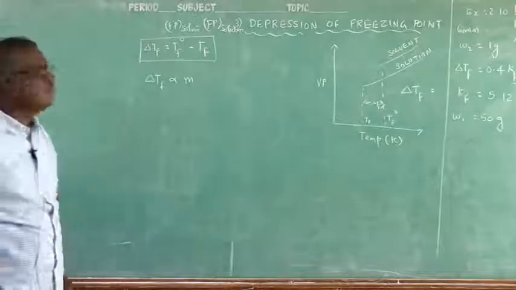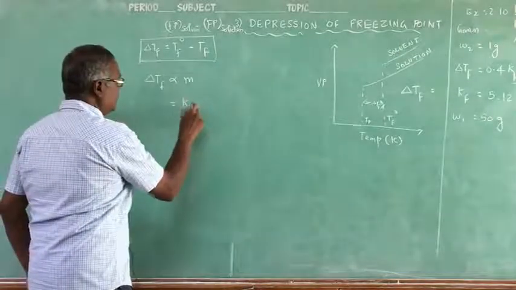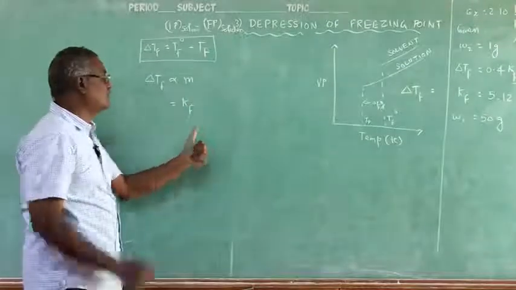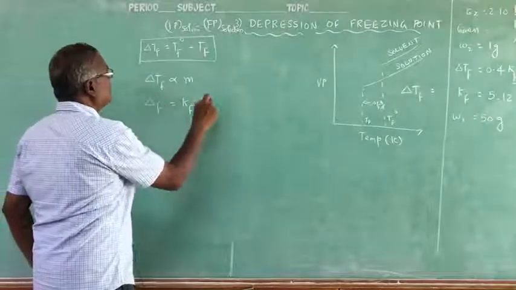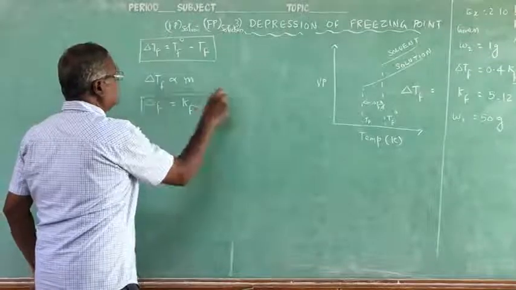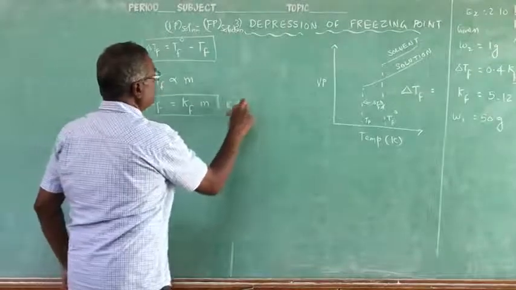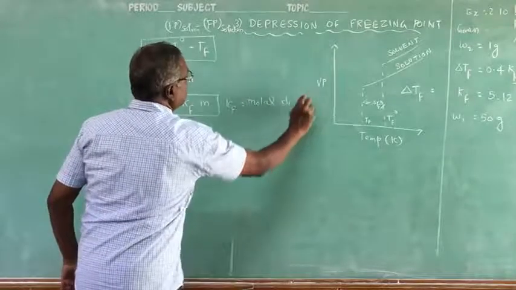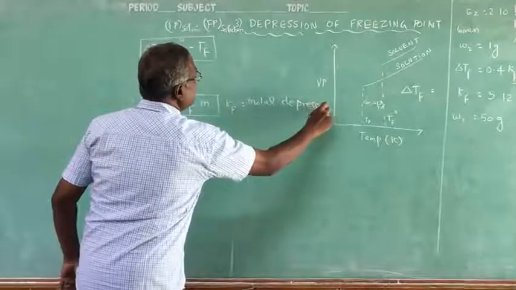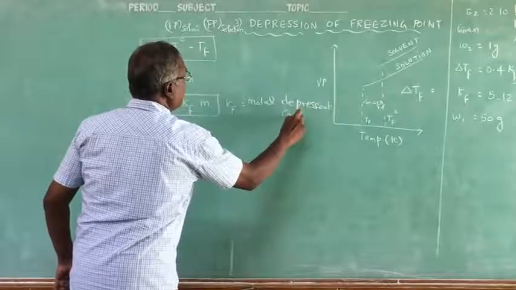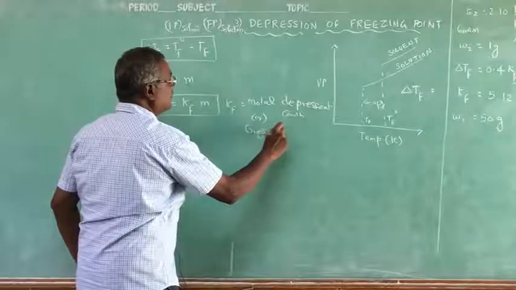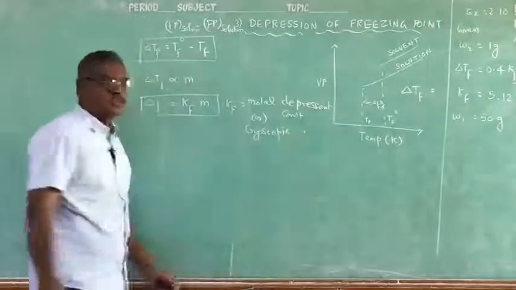Molality is 1 unit. If I want to remove the proportionality, I have to multiply by a constant. That constant is Kf. So delta TF equals Kf into m. This Kf is called the molal depression constant, or we can also call it the cryoscopic constant.